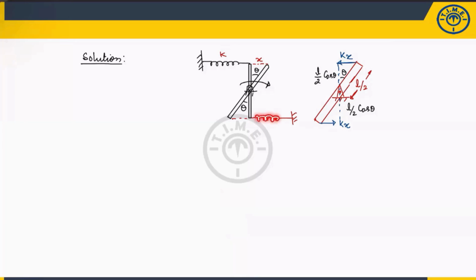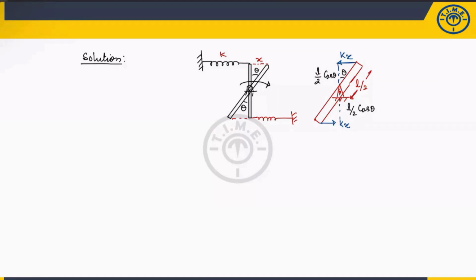If this spring is elongated here, the spring force will act in the opposite direction, Kx. And this total distance is L, so this is L by 2. And this initial angular displacement which you have given is theta. So can I write this distance is L by 2 cos theta? And this distance is also L by 2 cos theta.